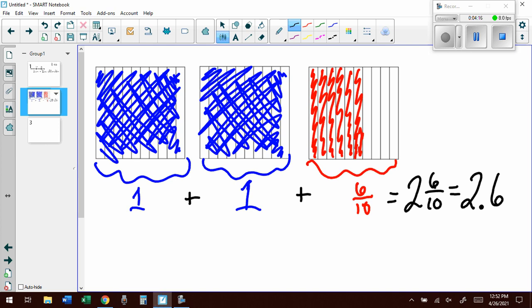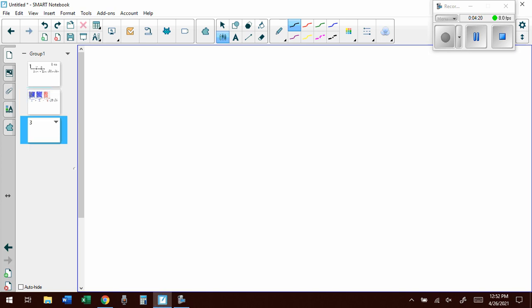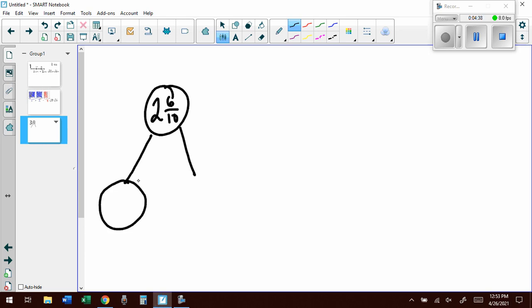Now we're going to use a number bond here to show just a quick brief discussion on what this looks like in just numbers. So if I had a number bond for 2 and 6 tenths, I would split that up as 2 and 6 tenths.